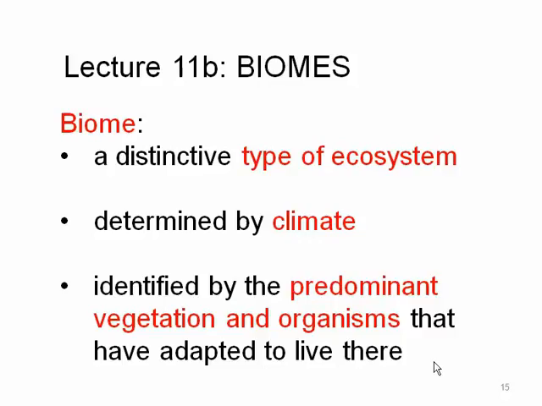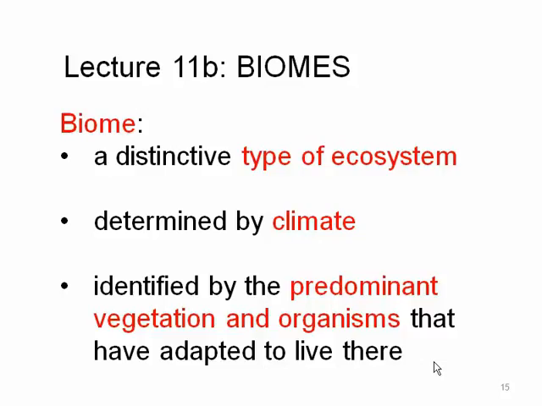So again, a biome will have a distinctive or characteristic set of ecosystems in it. It's going to be determined largely by climate. Recall from the last section that we said that the formation of a given ecosystem is governed by the moisture and temperature regime there. So the amount of rainfall and the array of temperatures are largely what define the climate, and ultimately the climate controls the development of biological communities.